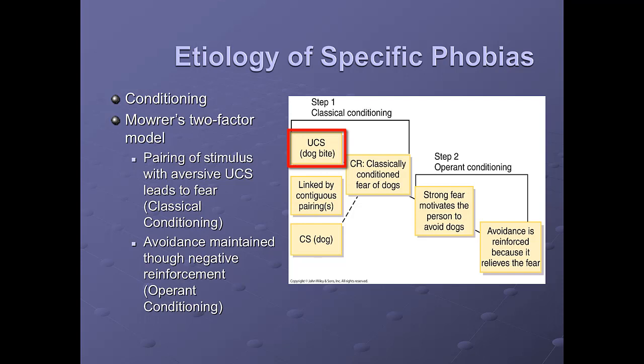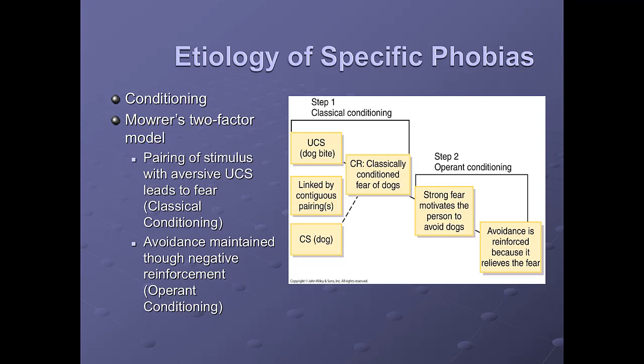This is his unconditioned stimulus. The dog bite is an unconditioned stimulus. And the conditioned response is that he not only fears this dog, but he comes to develop an aversion to all dogs. It leads him to fear all dogs. And then every time he sees a dog, he feels this fear.